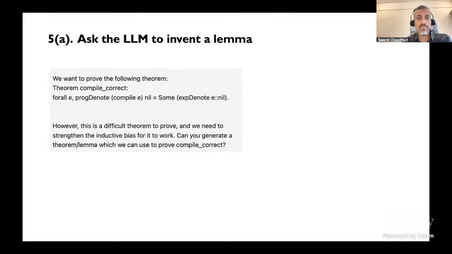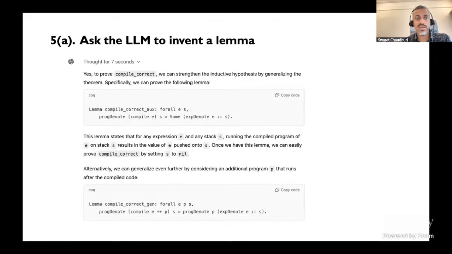The LLM goes ahead and thinks for a while, and this is O1 here, and it comes up with this intermediate lemma, which basically says that rather than trying to prove the entire compiler correct, you just show one step of compilation, like for one sub-expression, that's going to be correct.